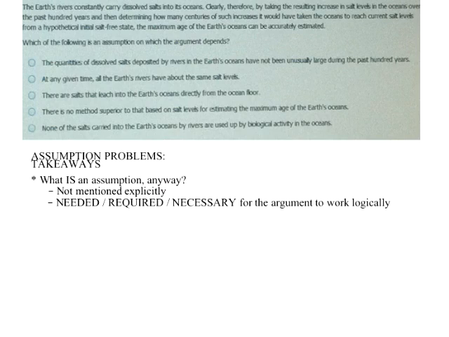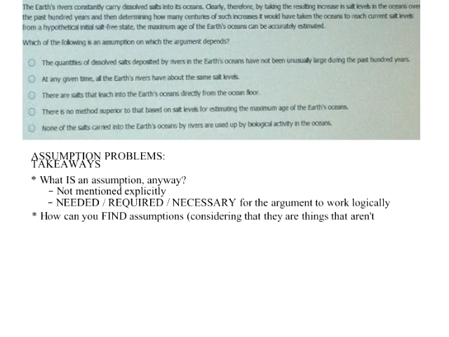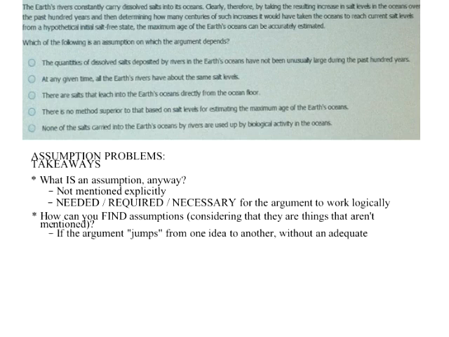How can you find assumptions considering that they are things that aren't mentioned? Well, one thing you can do is to ask yourself whether there are any missing connections. If the argument just jumps from one idea to another without an adequate connection, then you have to assume a connection. You need to assume that the ideas are connected.